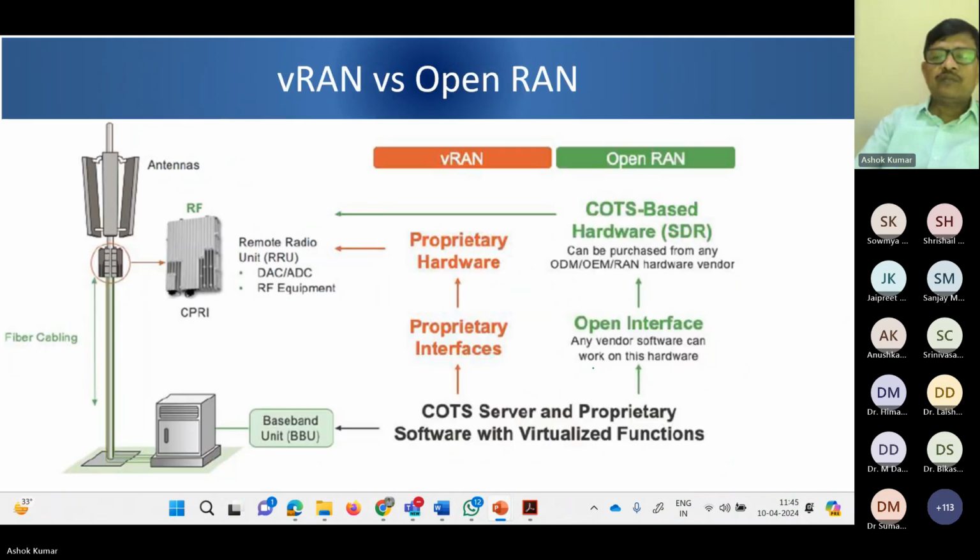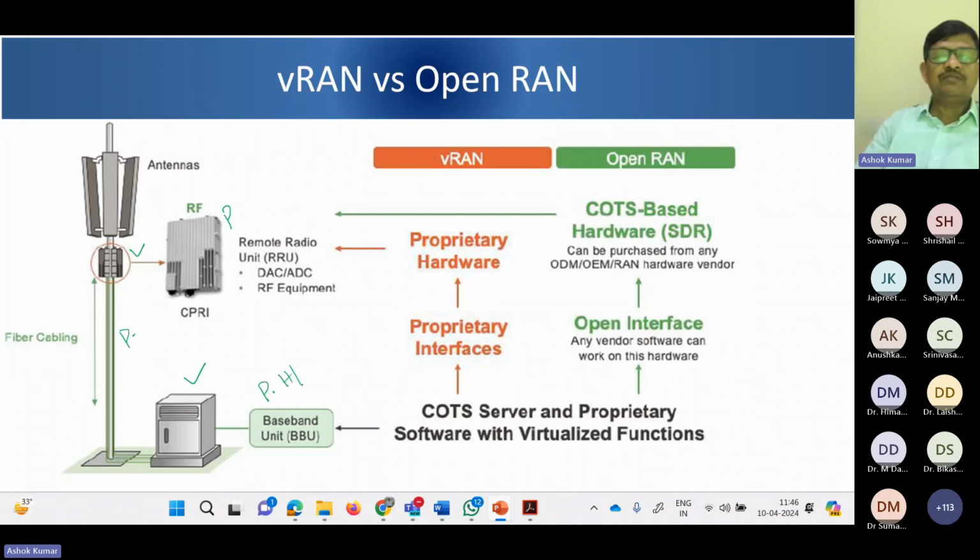Now just compare everything together. In our traditional RAN, I have the baseband unit below the tower and the RF unit just below the antenna on top of the tower. This interface is proprietary. This is proprietary hardware, and this is also proprietary hardware and software.